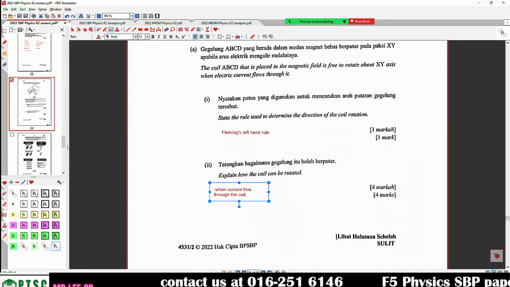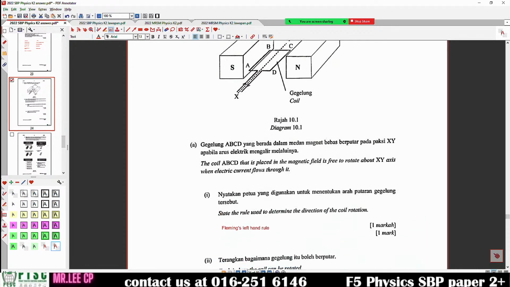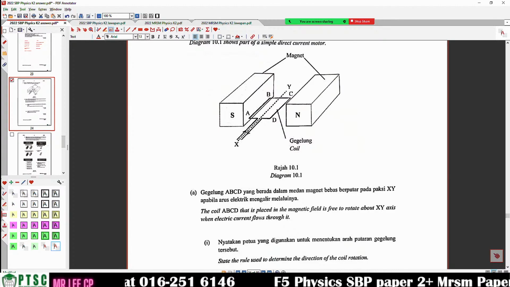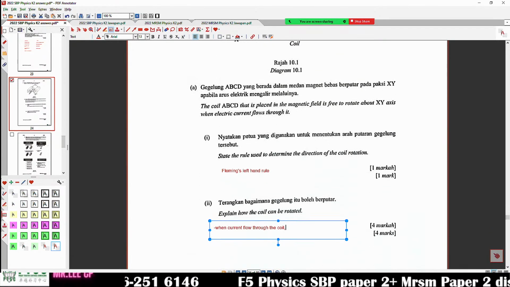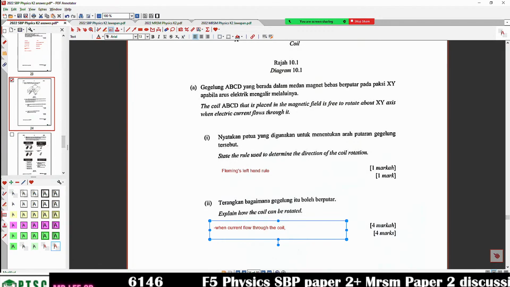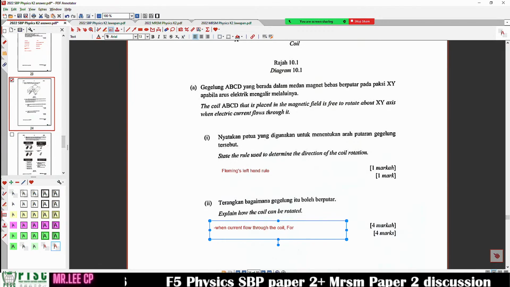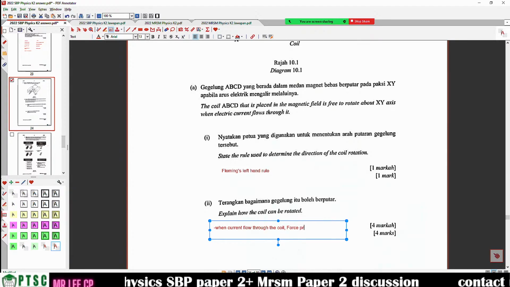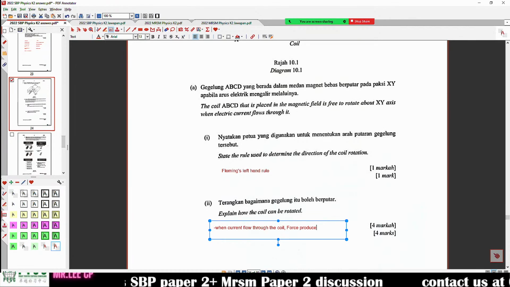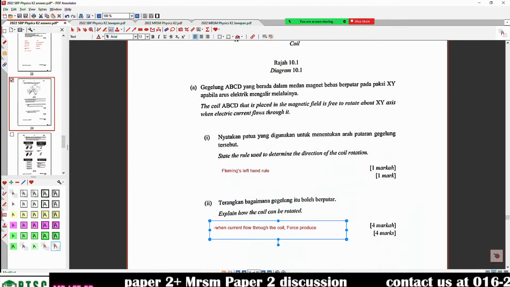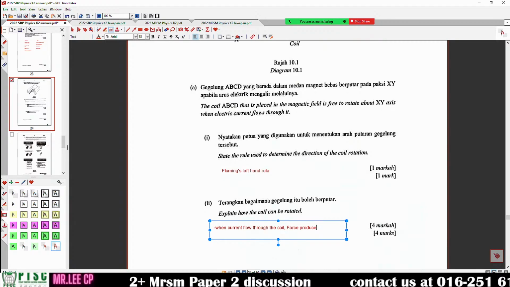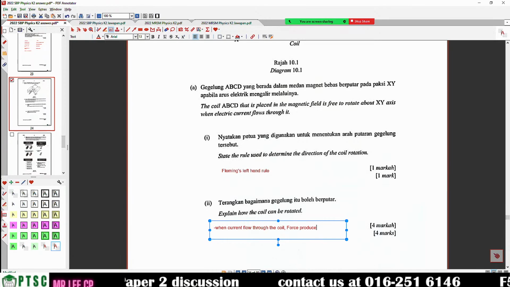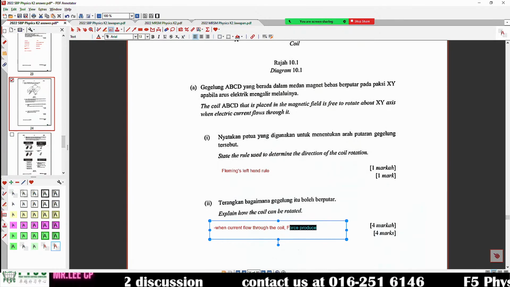When current flows through the coil, what happened? So there is a force produced. I'm thinking whether if I write force, I will get enough marks or not. Current flows through the coil in the magnetic field.